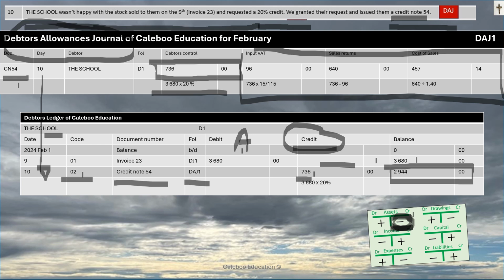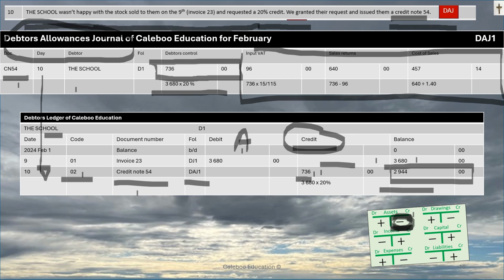Now they've just got a credit of 736, and now they owe 2944. So there's an example of an allowance, a credit given to the school because they weren't happy with the stock that they had received on the 9th.